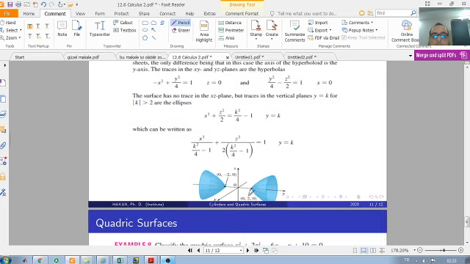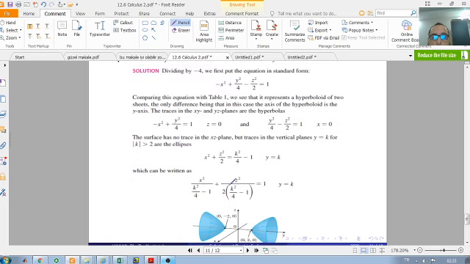Therefore, the symmetry axis will be the y-axis. And when we write any number for z square, for example, we have hyperbolas in the xy plane, and similarly we have hyperbolas when we write 0 for x on the yz plane. So the surface has no trace in the xz plane.